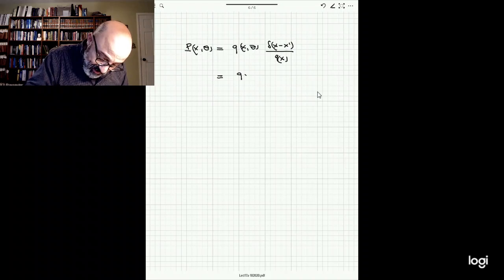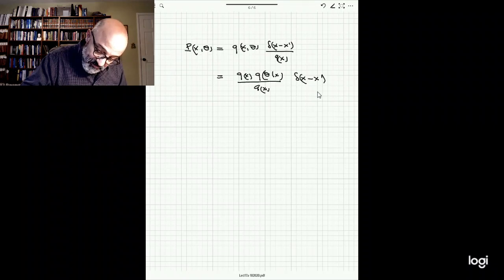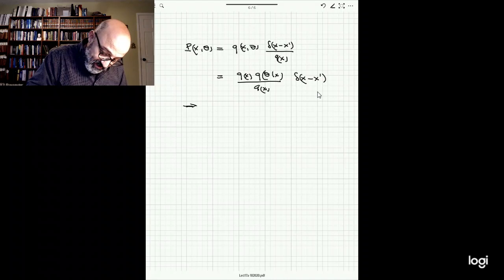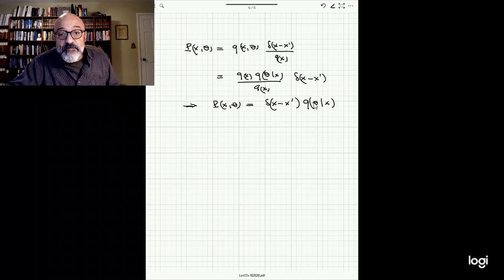I get q of x, q of theta given x, all divided by q of x, and then delta of x minus x prime, which implies that p of x theta is equal to delta of x minus x prime, q of theta given x.